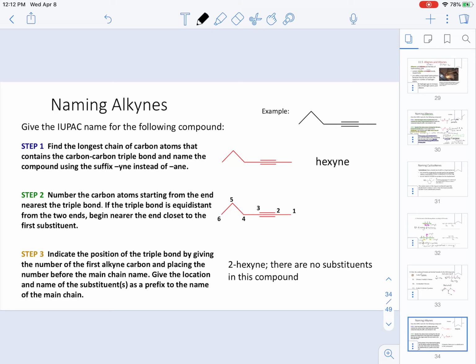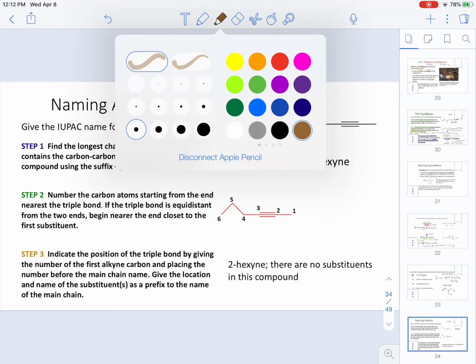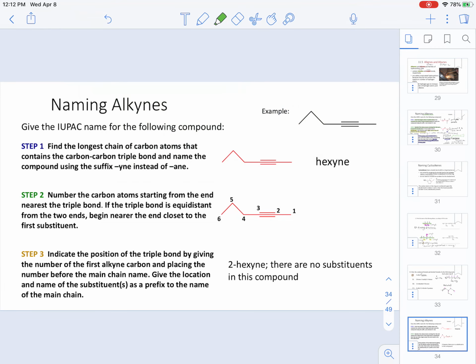The steps for alkanes and alkenes are going to be very similar when we are dealing with alkynes. As you can see, the first rule, similar to what I was expressing to you guys, is find the longest carbon chain of atoms. It has to be the longest continuous chain.